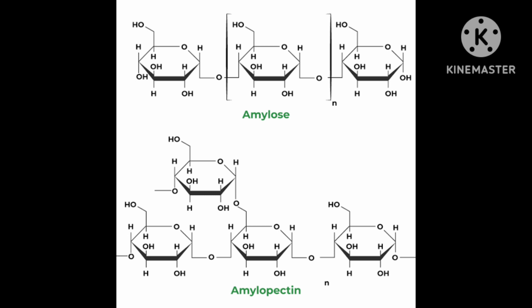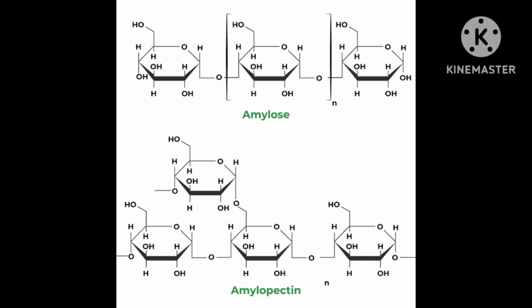Here also a bond will be formed between C1 and C4. In both cases it is the same. Amylose also, amylopectin also, C1 and C4 glycosidic linkage. The only difference is that amylose is unbranched and amylopectin is branched, and it is insoluble in water. Okay. This is the difference I have told you.